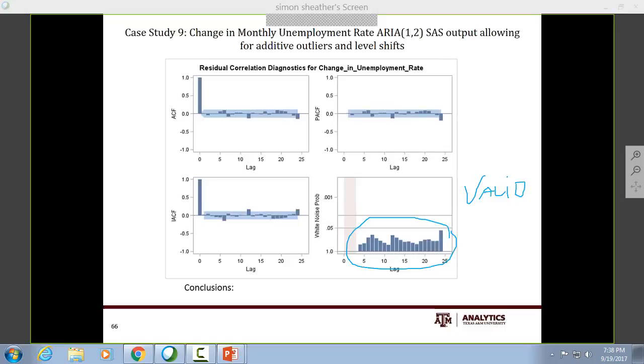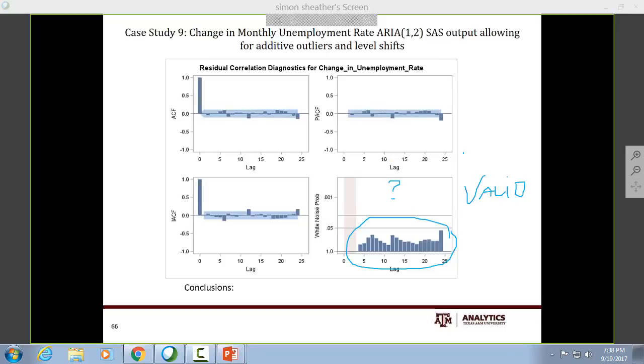So let's think about this. We don't want to be too negative, but there's something a little bit wrong with the logic, right? We didn't allow for the additive outliers and the level shift, and we picked the ARMA model before we did that. So I have seen examples, and we will discover one or two this semester, when you put the additive outliers and the level shifts in, this thing becomes non-valid.